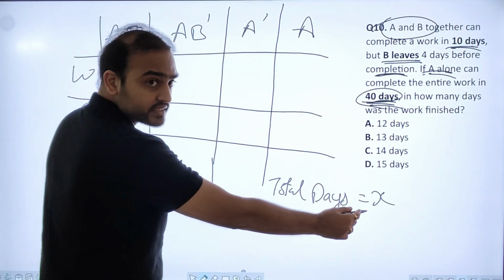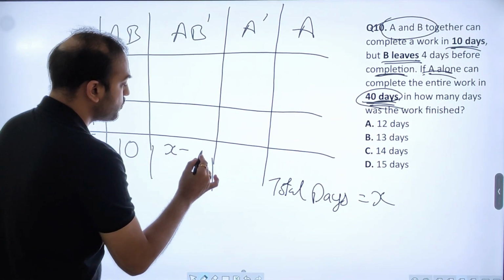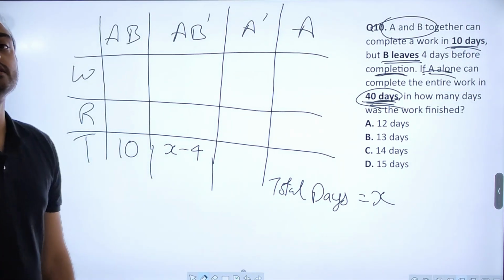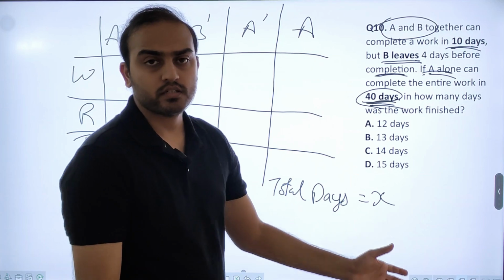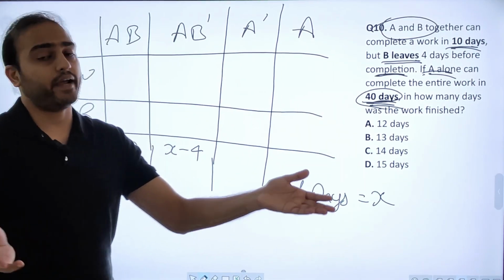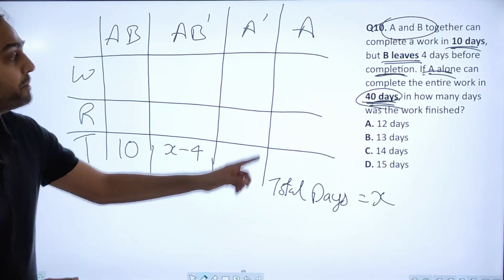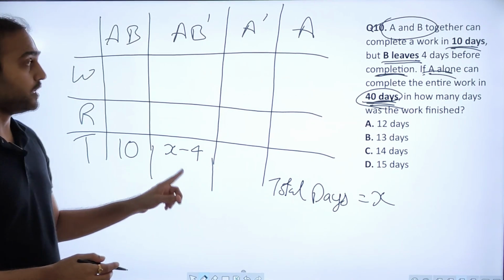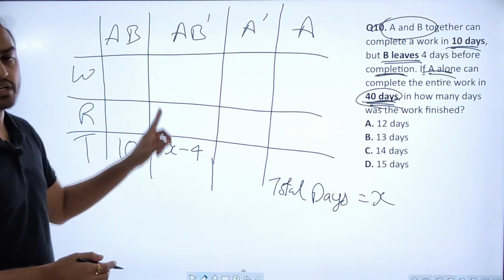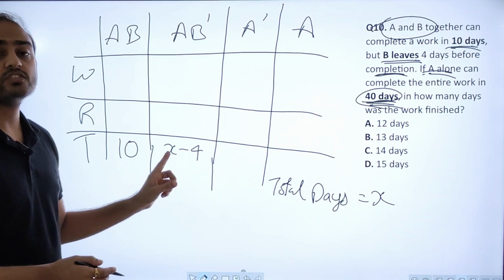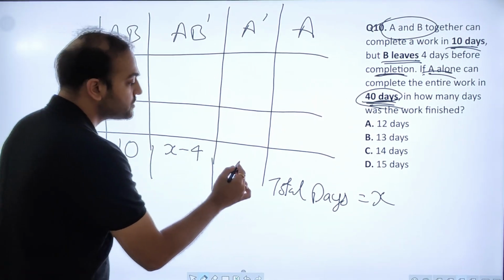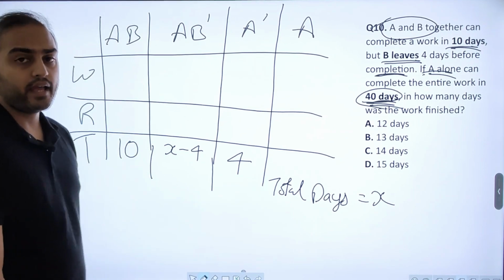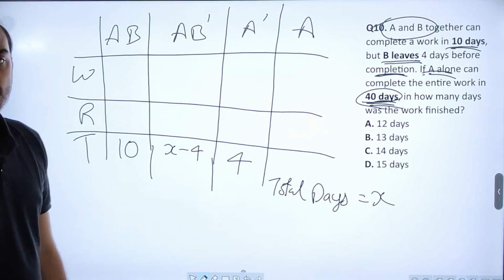If total days is X, A and B are working together for X minus 4 days. B is leaving 4 days before, which means the last 4 days A is coming to complete the work.